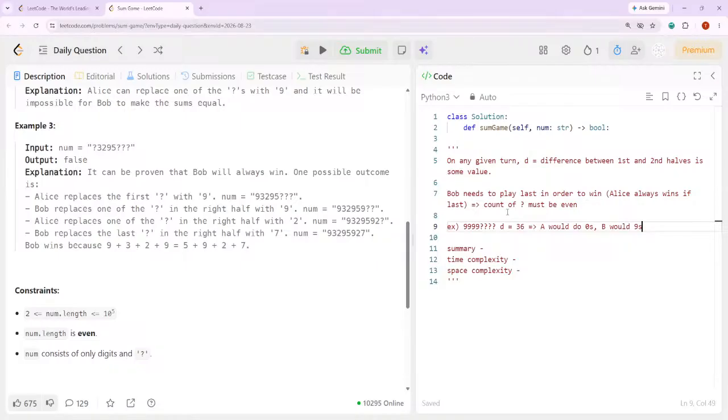Is it possible to simplify it by removing the number of question marks in both halves? Like if there's a question mark in the first half and a question mark in the second half, can I safely assume that those are going to be negated somehow?